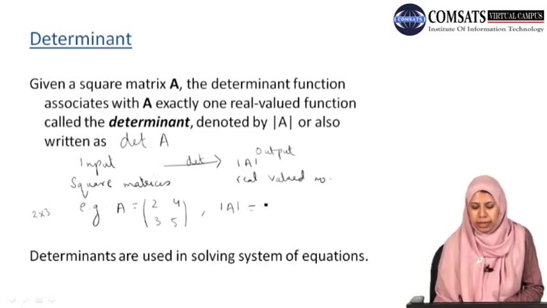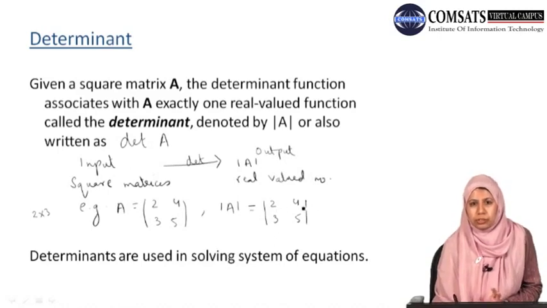And by solving the determinant, we replace these parentheses with vertical bars. That is, the entries stay in the same positions 2, 4, 3, 5, and now we have replaced the square brackets with the vertical bars.